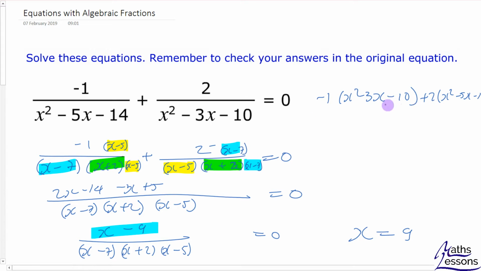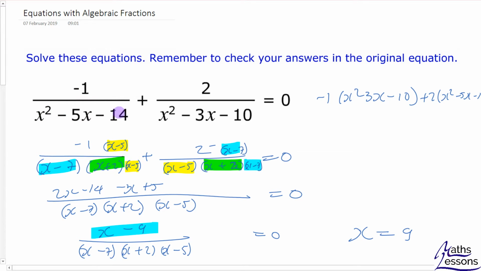And why have I only got that? Well, if I'm timesing top and bottom of this by x squared minus 3x, I only get the 2. So I don't get this x squared minus 3x minus 10. If I times top and bottom of this by x squared minus 5x minus 14, I only get the minus 1.